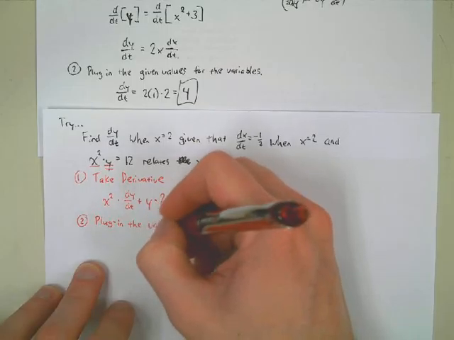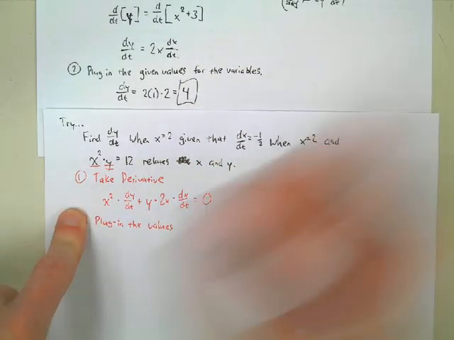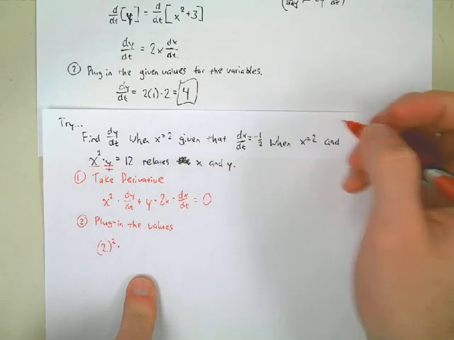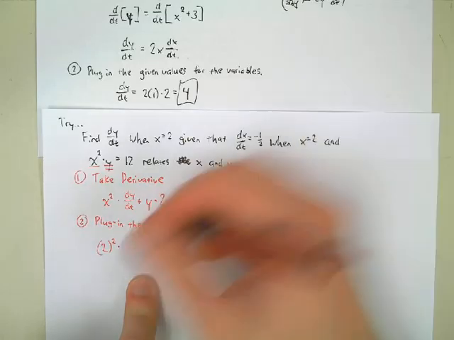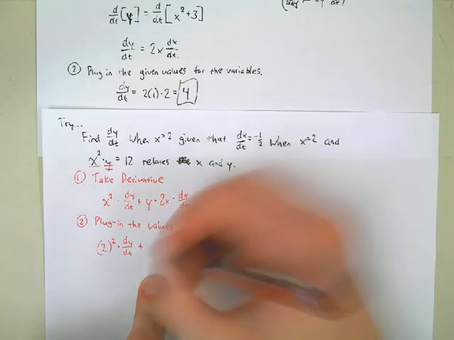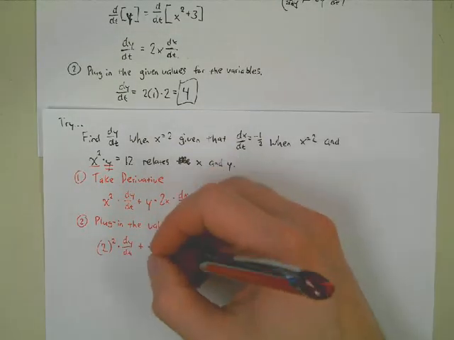So let's see, what can we plug in for x? 2. What can we plug in for dy/dt? That's what we're solving for, so we can leave that. And what can we plug in for y? Oh, okay. We don't have a y value, do we?